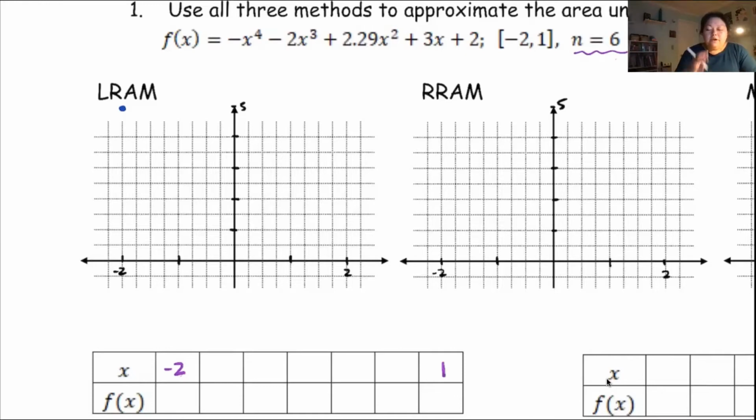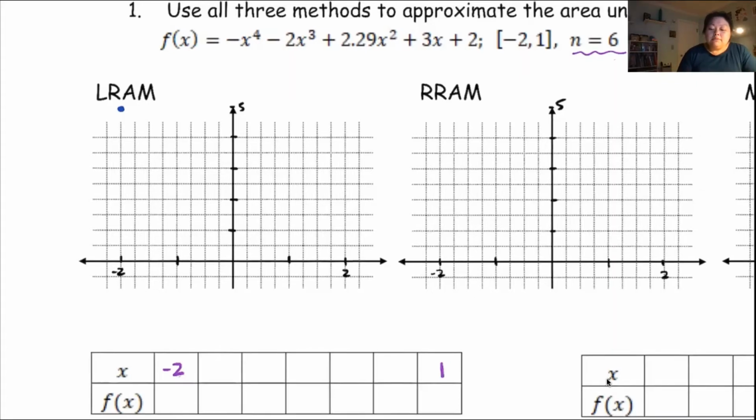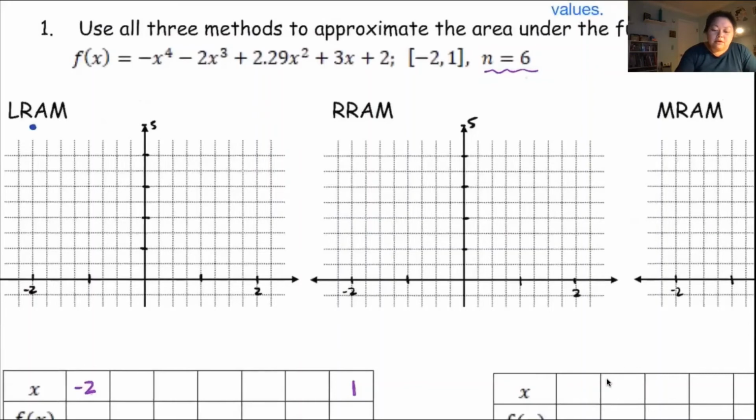So how do you figure out how wide to make your x value so that you can have the right numbers? You simply take your endpoints, your b minus your a, so 1 minus -2, and divide by the number of rectangles you want. So that would give you 1 plus 2, not 3, over 6, which is 3 over 6.